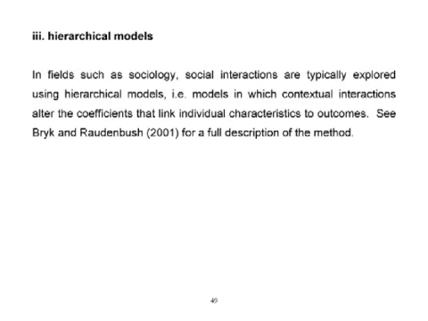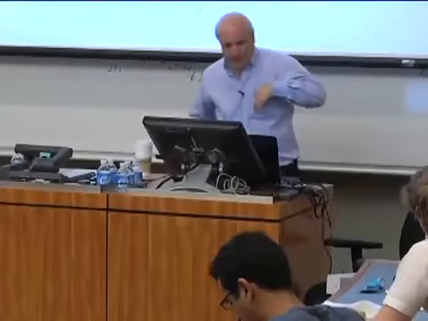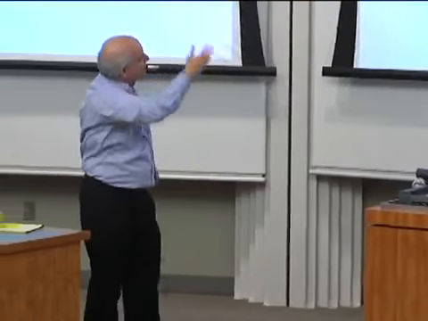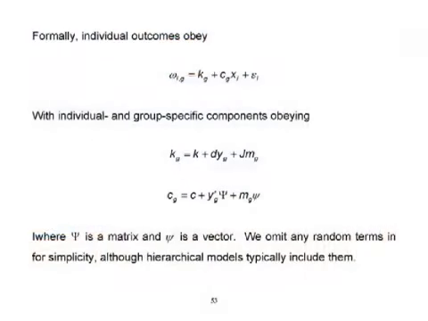So my assertion is the following: this would be a way that a hierarchical model would function. For a given group, there's an outcome, there's a group-specific constant term, and there's a group-specific set of coefficients that apply to the individual effects.